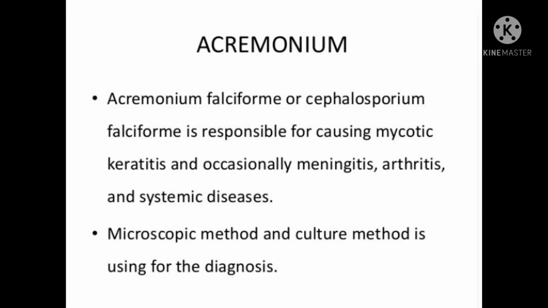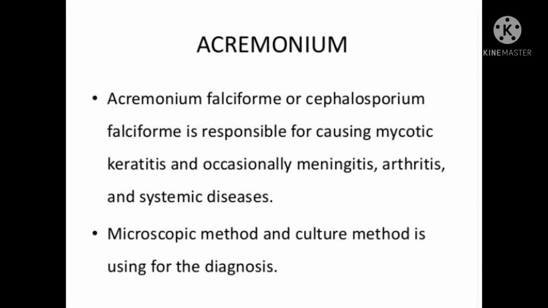And the next disease is acremonium. Acremonium falciforme or Cephalosporium falciforme is responsible for causing mycotic keratitis and occasionally arthritis and systemic diseases. Symptoms may include arthritis, osteomyelitis, peritonitis, endocarditis, pneumonia, cerebritis, and subcutaneous infections.